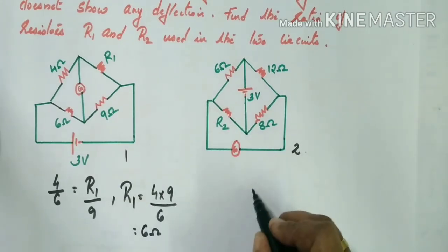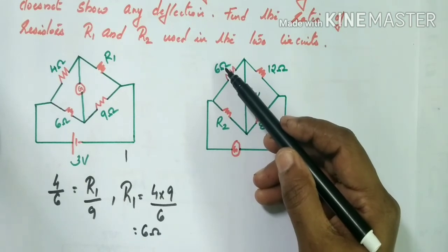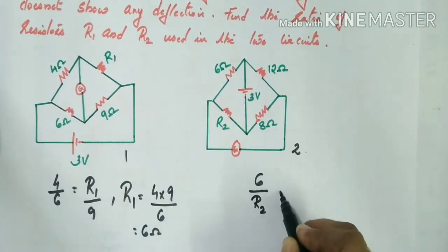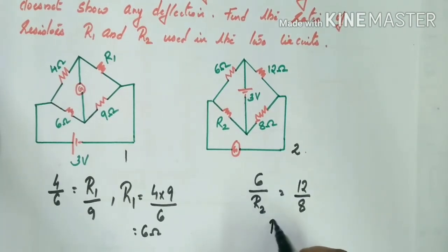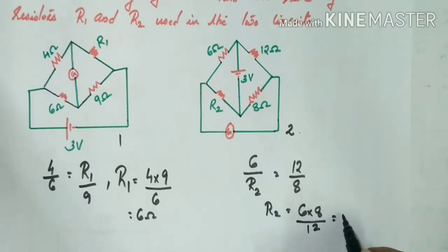And in the second case, the balance condition is 6 by R2 equals 12 divided by 8. So R2 equals 6 into 8 divided by 12. Simplify, you will get 4 ohm.